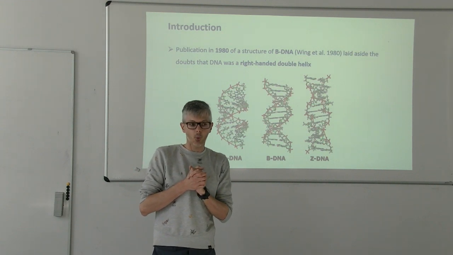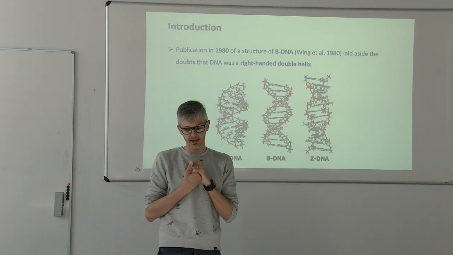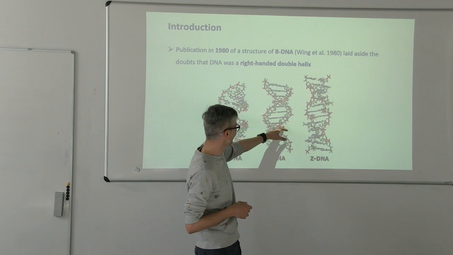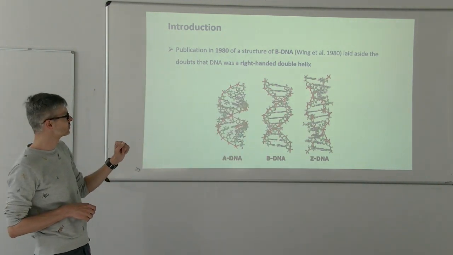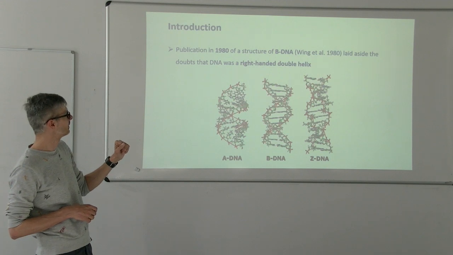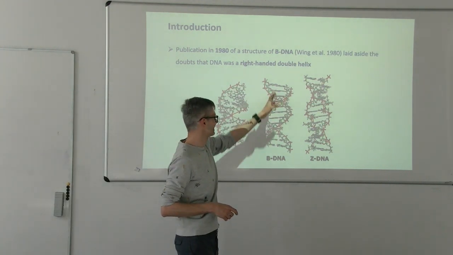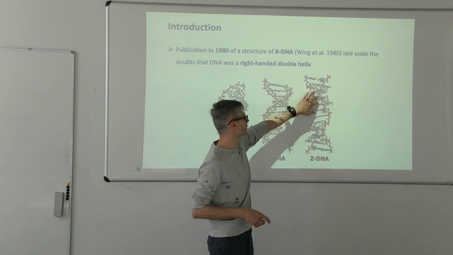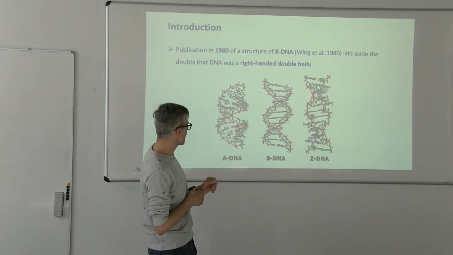Now that's actually only one form of DNA. I don't know if you know that there are actually 3 forms of DNA. So you have A-DNA shown here, you have B-DNA and you have Z-DNA. What do you think is the form that you know? The B. So this is like, let's say, the normal form, but you can also have the A form or the Z form, but it looks a bit wrong, you could say.